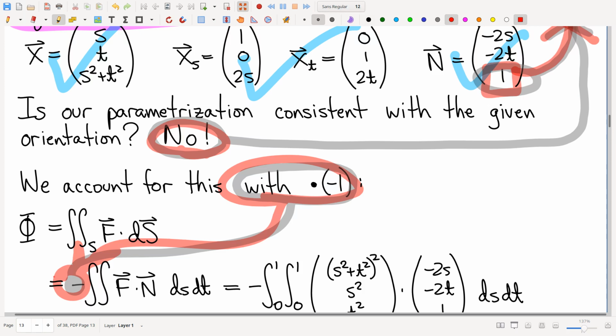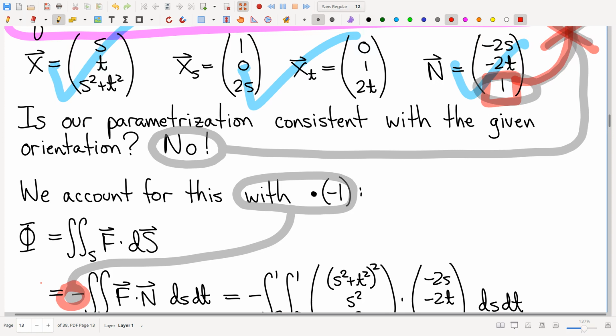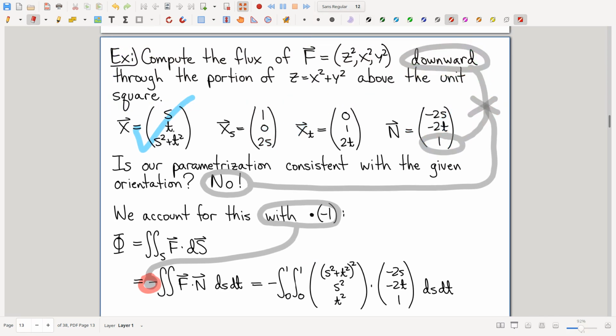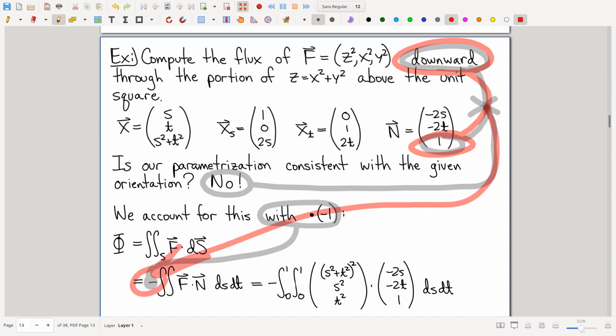On a test, what you can't do is just put a minus sign and leave it at that. You have to give me some indication of where that minus sign came from. One thing that I think would be a perfectly reasonable documentation of your reasoning, let me just get rid of all the rest of this to be clear: if you were to just circle this is plus and that says downward, and then just draw an arrow, full credit.